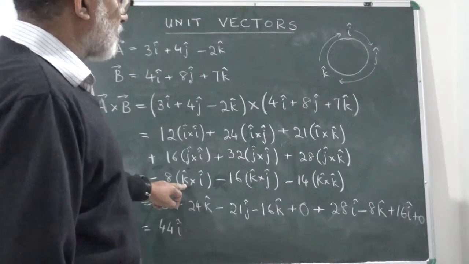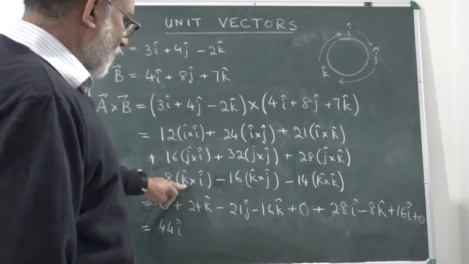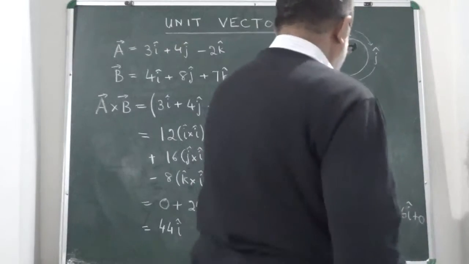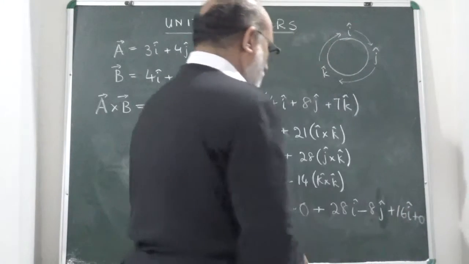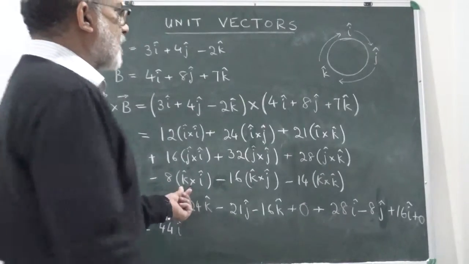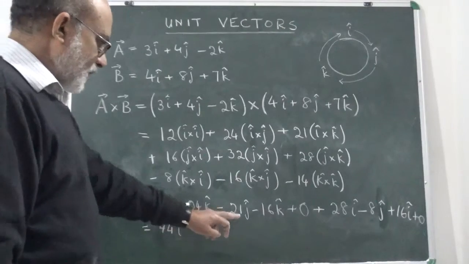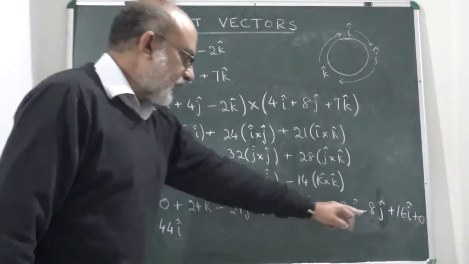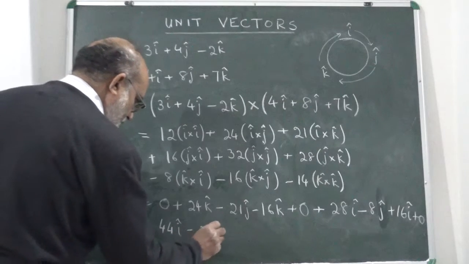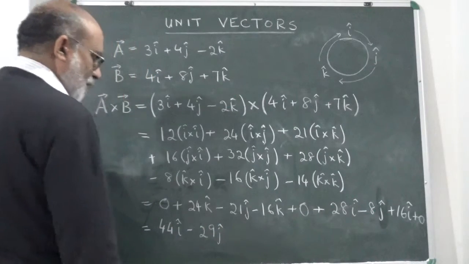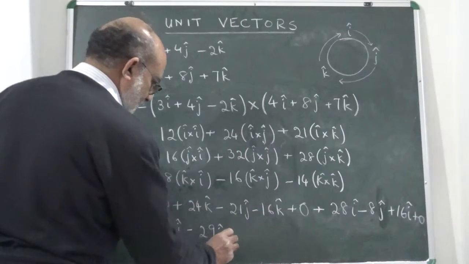K cross I, just here, it's K cross I, this is J. So it's K cross I is J. So it is 21 J here and 8 J here. It means this is minus 29 J, and 24 K here and minus 16 K here.